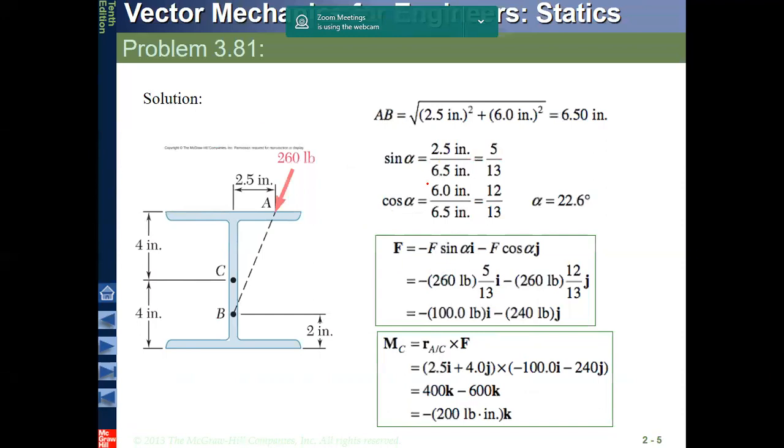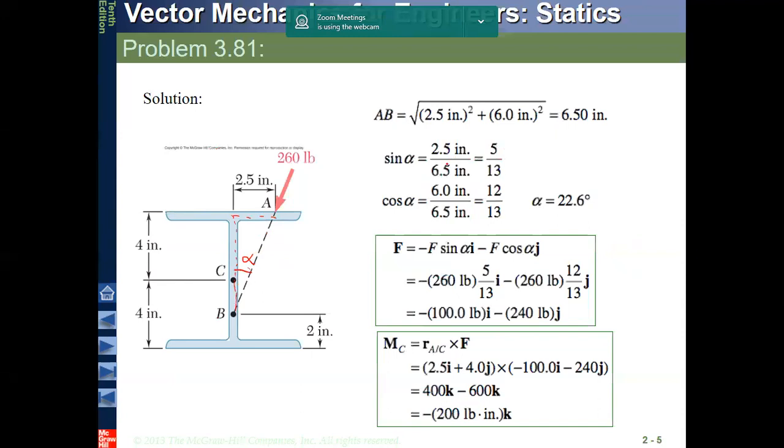Then write the force in this form. This is the triangle we're looking at, and this is alpha.